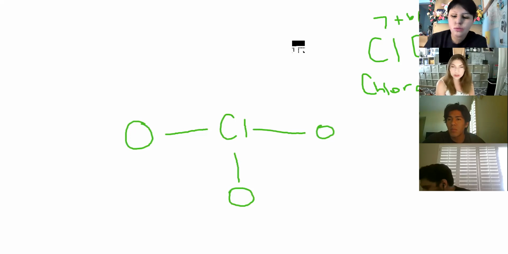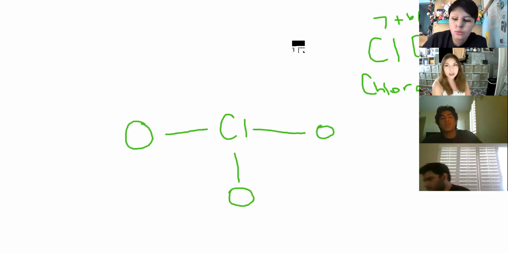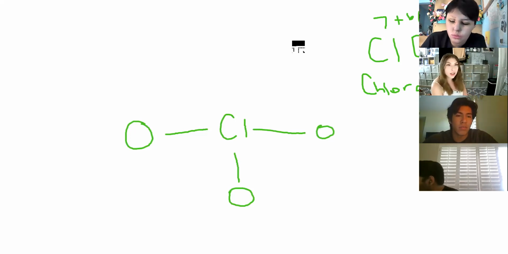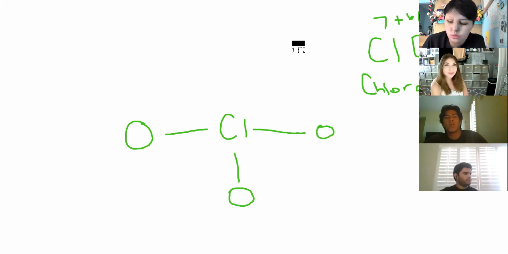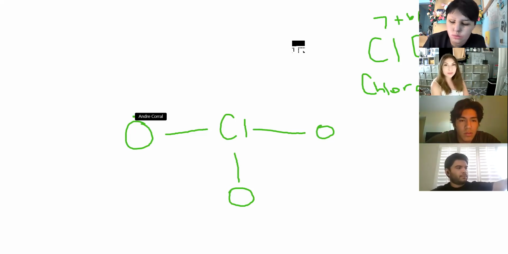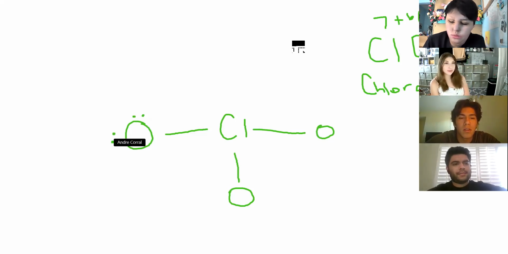So my next step, what I would recommend, is to figure out what has to have its octet rule filled out. In this case, it would be oxygen, right? So let me fill out the octet rule for oxygen.